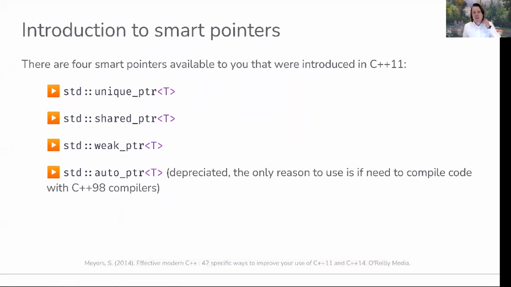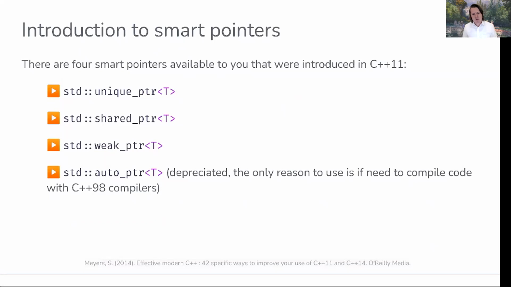If you recall from our introduction to smart pointers lesson, we introduced four smart pointers that we said were available to you since the C++ 2011 standard was released. We said that there was the unique pointer, which we'll recap today, the shared pointer, which we'll not only recap but also provide a naive implementation of.